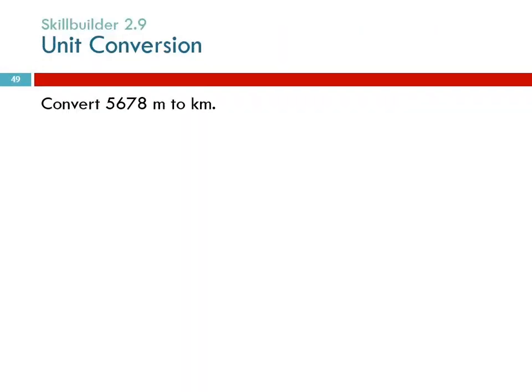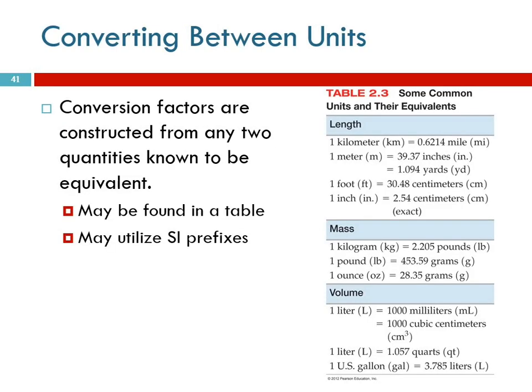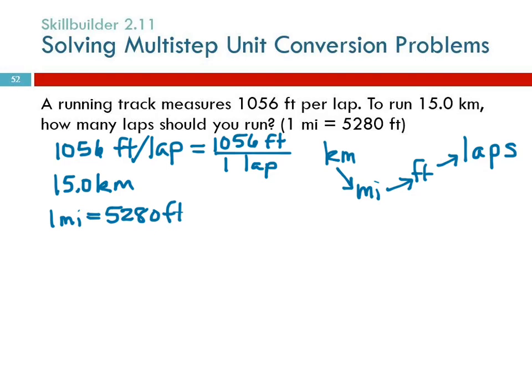So this is telling us 1 kilometer is 0.6214 miles. 0.6214 miles equals 1 kilometer. So my path ended up being all twisty, but that's okay. Kilometers to miles to feet to laps.